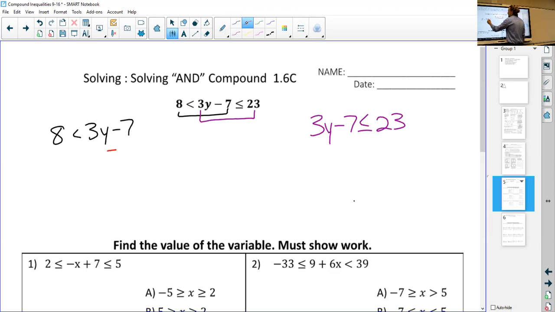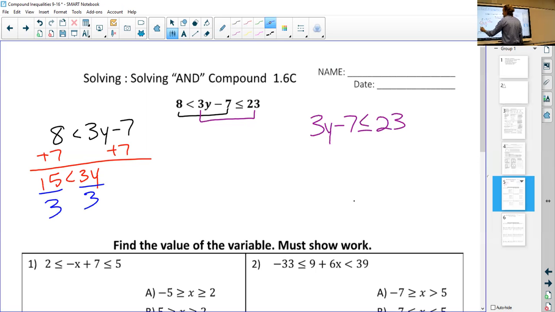So over here we could do plus 7 to both sides. We get 15 is less than 3y. And then we can divide both sides by 3, and cancel these out here. So 5 is less than y, or to rewrite it, y is greater than 5.